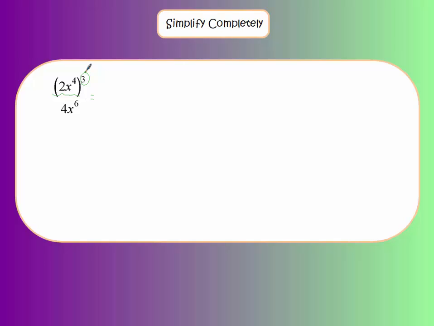So in other words, I have the base 2x to the 4th times itself 3 times, which means I have this 2x to the 4th times 2x to the 4th times 2x to the 4th. And in the bottom, I have this 4x to the 6th. I'm just going to leave that alone for 1 second.